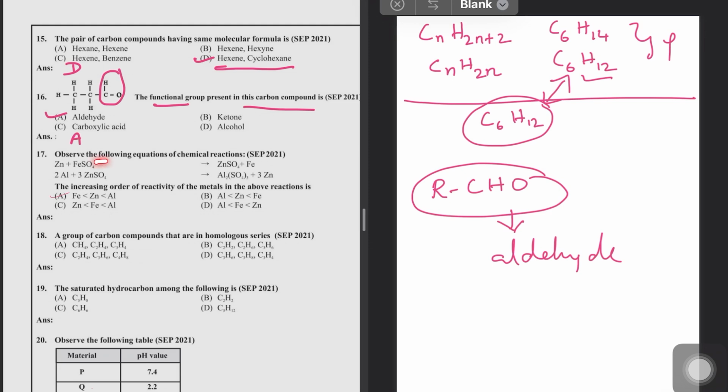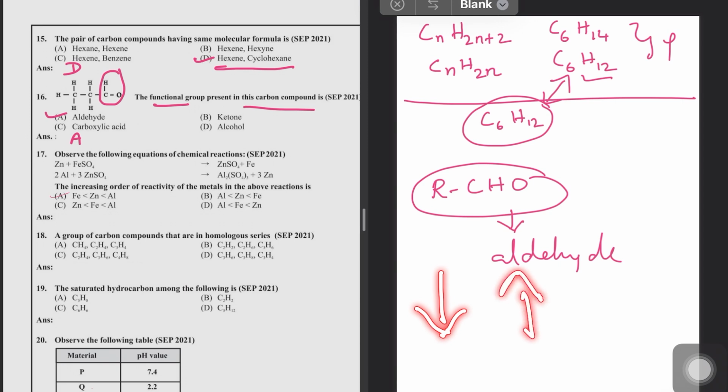Coming to the next question, observe the following chemical reactions. Zinc reacts with ferrous sulfate: zinc sulfate plus iron is formed. When aluminium reacts with zinc sulfate, aluminium sulfate is formed and zinc is separated. What is the increasing order of reactivity among the metals in the above reactions? Earlier, in the previous question, they had asked the decreasing order.